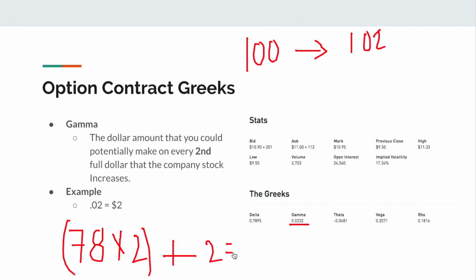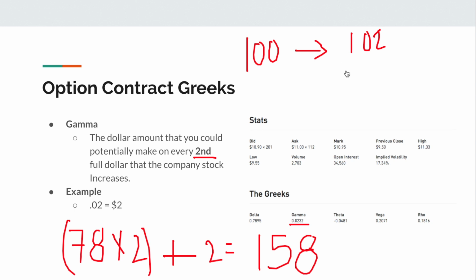So now you've gained $78 times 2, which is $156, plus $2, $158. That's how much you've gained because the stock moved up $2 on your options contract. So gamma is the dollar amount that you can potentially make on every second dollar. Gamma will always be less than delta, obviously, because you're not going to get that full dollar capacity that you get with delta. So again, that goes for calls and puts.